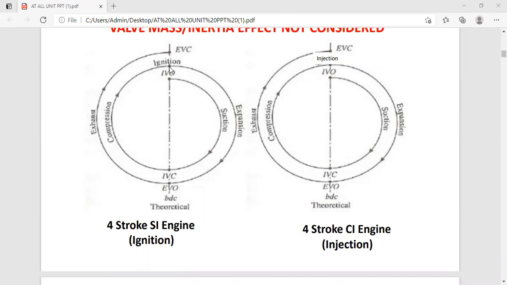In this diagram we have shown the spark exactly at TDC, but we are providing this spark 15 degrees before TDC. So it lies over here, 15 degrees before TDC in case of the slow speed engine, and in case of the high speed engine, the point lies over here at 30 degrees.